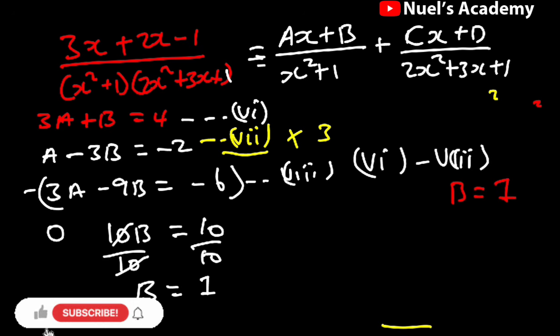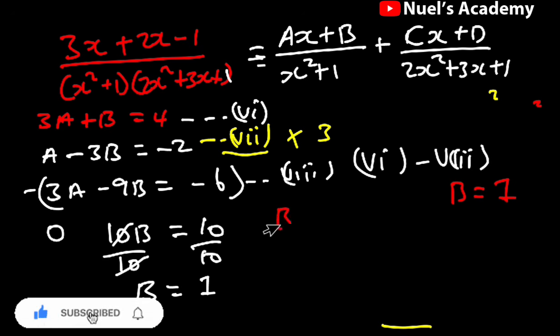You know what? I shouldn't have erased those equations I formed. Alright, I have them here. So from that equation, we have that 2a plus c is equals to 0. We also have that b plus d is equals to -1. That is our equation IV.